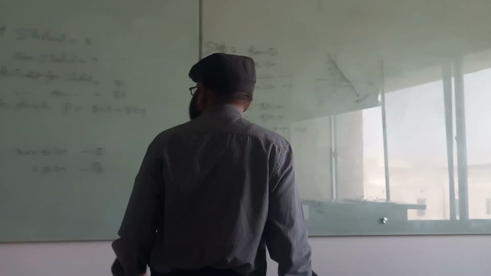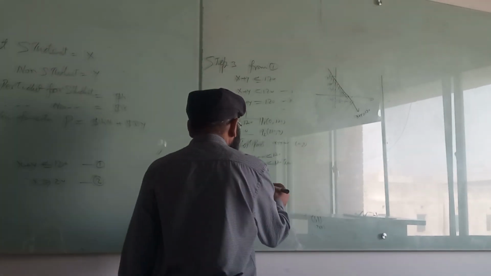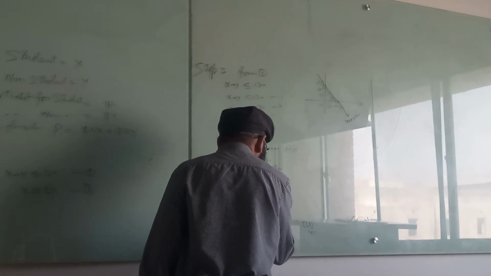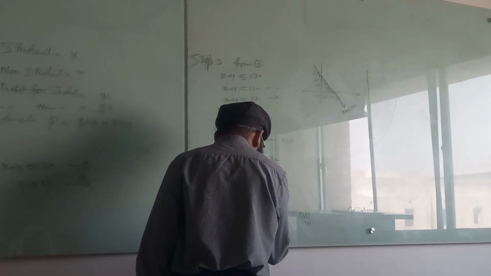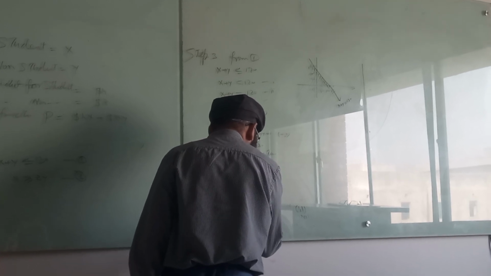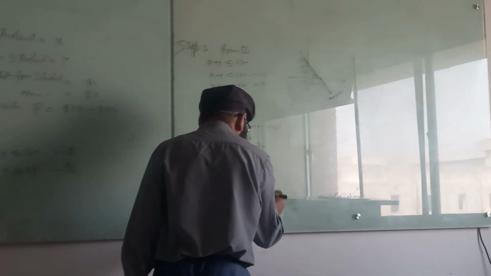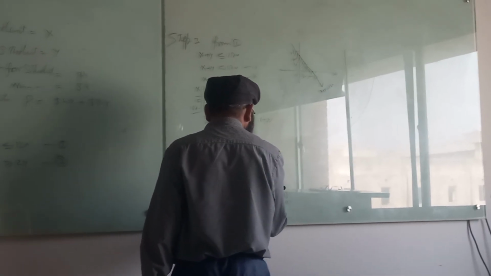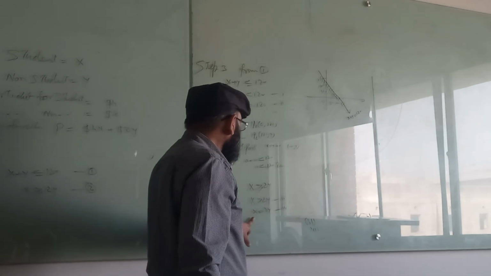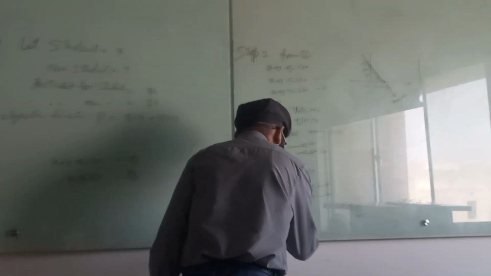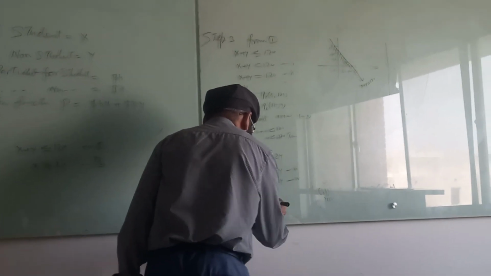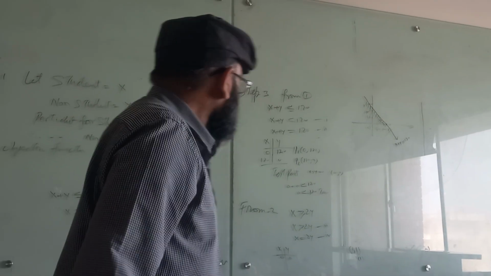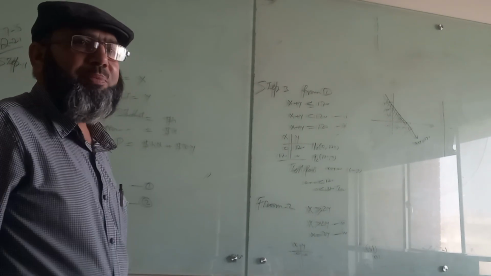Now from 2, it is x more than or equal to 2y, x more than 2y, or x equal to 2y. From here, x, y, again 0, 0, and we need some other point.